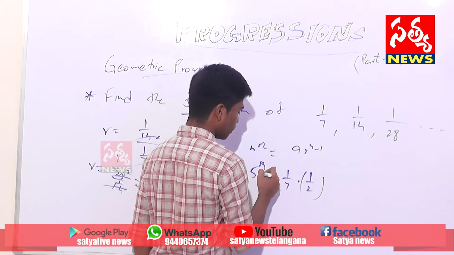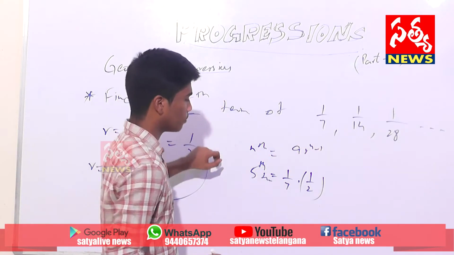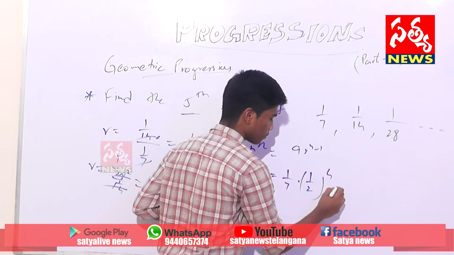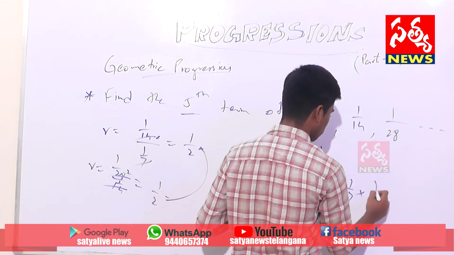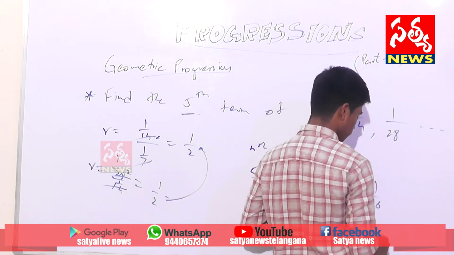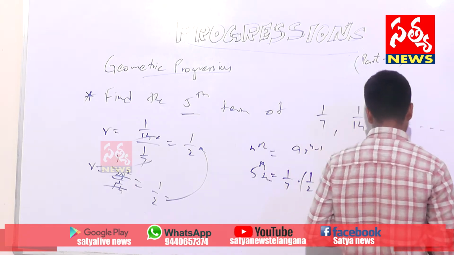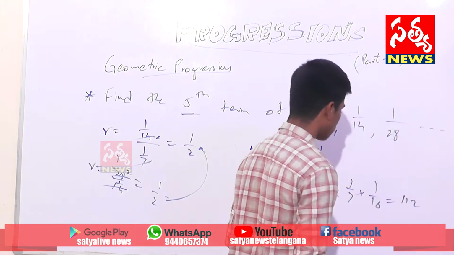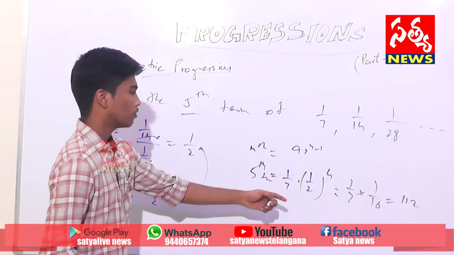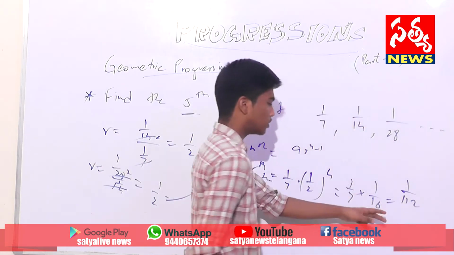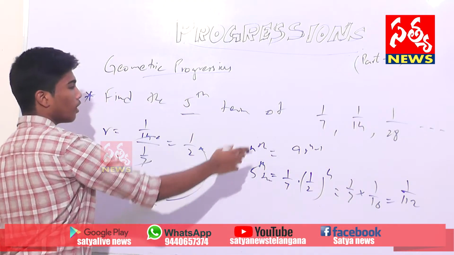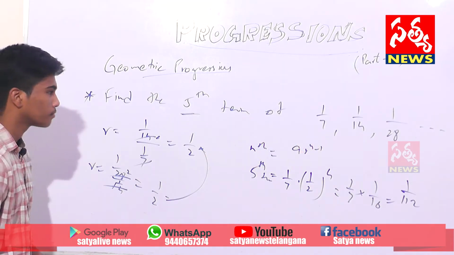We need the fifth term, so 5 minus 1, 4. 1 by 7 into 1 by 2 power 4, that is 1 by 16 sevens, which is 1 by 112. This is our answer. Fifth term of this series is 1 by 112.